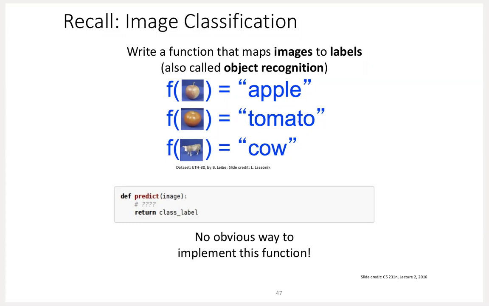Remember that our original motivation for using machine learning is that for many of these problems, for example classification, we just don't know how to do it using a classic algorithmic approach, right? We don't know how to write an algorithm to classify an image, whether it's an apple or a tomato and so on.